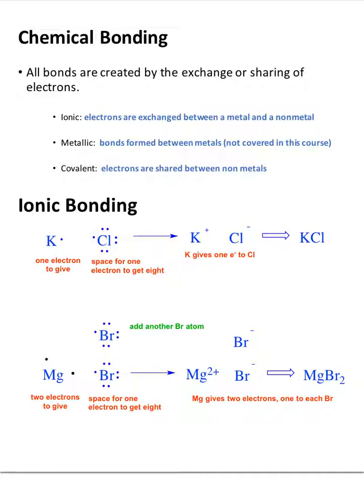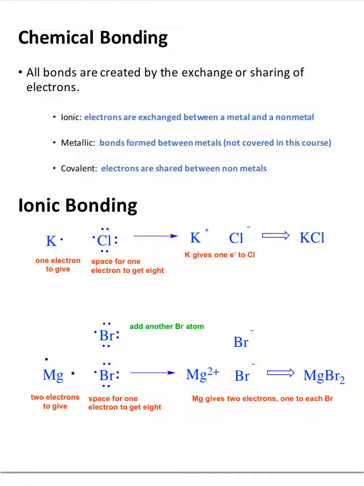So we pull in another bromine atom, so we have a place for both of those magnesium electrons to go. What we end up with is Mg2 plus, because it gave away 2 electrons, and 2 Br minus ions, because each one has taken on an electron, and that's how we get MgBr2.